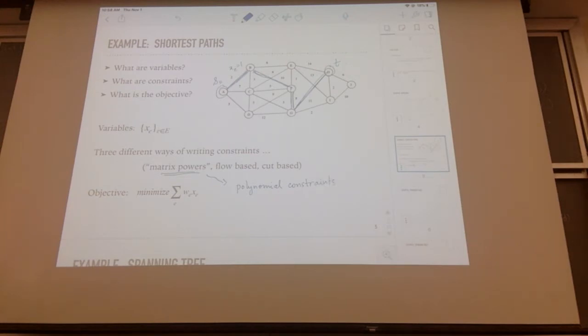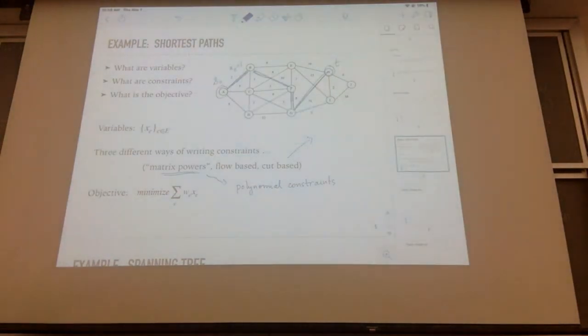And then I presented this cut-based thing where I was saying that if you want a path from S to T, then if you look at any set of vertices that includes S but does not include T, our xe's must be 1 for at least one of the edges in the cut.